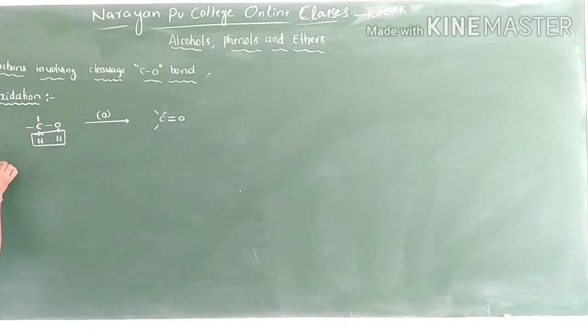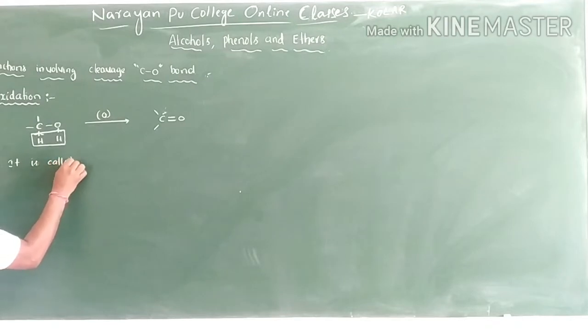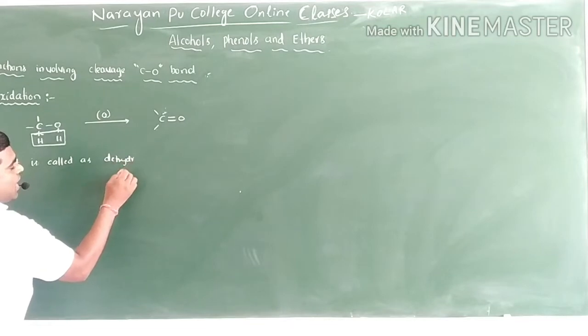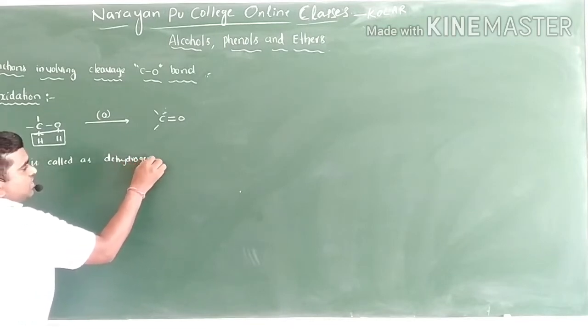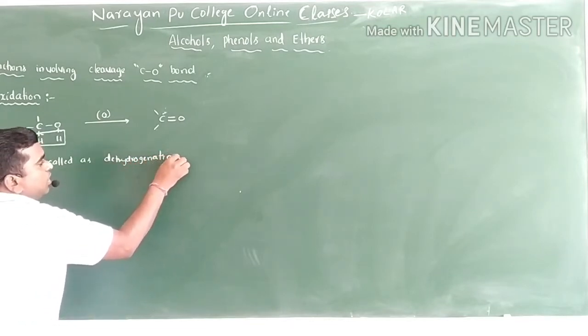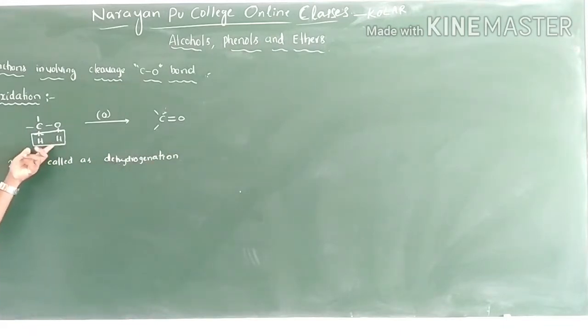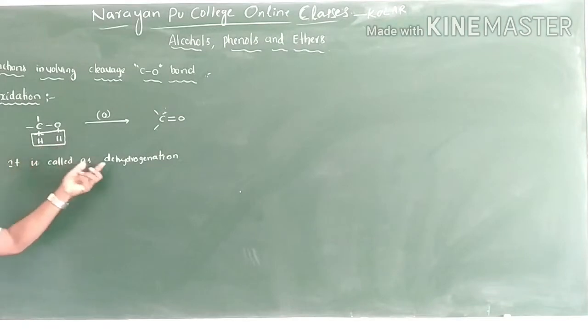This reaction, the oxidation of alcohols, the conversion of alcohols into carbonyl compounds, can also be called dehydrogenation. Not dehydration, dehydrogenation. Hydrogen means H2, and D means remove.